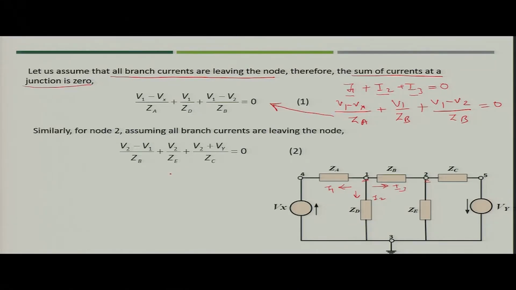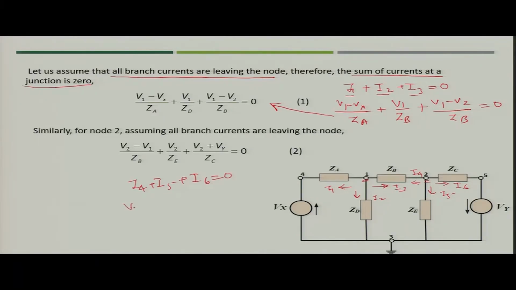Similarly, for node 2, what can you write? You can assume that in this case also the currents are leaving, I4, I5 and I6. Here I4 is nothing but minus I3, but let us assume that I4 is different and is coming out of node 2. So I4 plus I5 plus I6 is equal to 0.